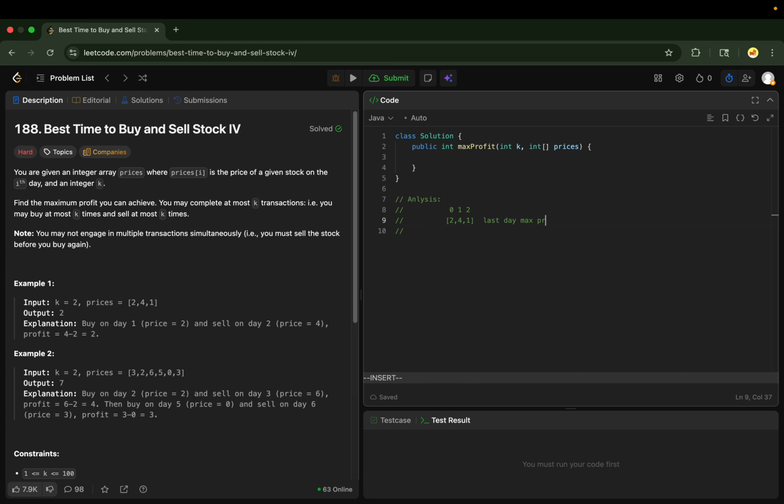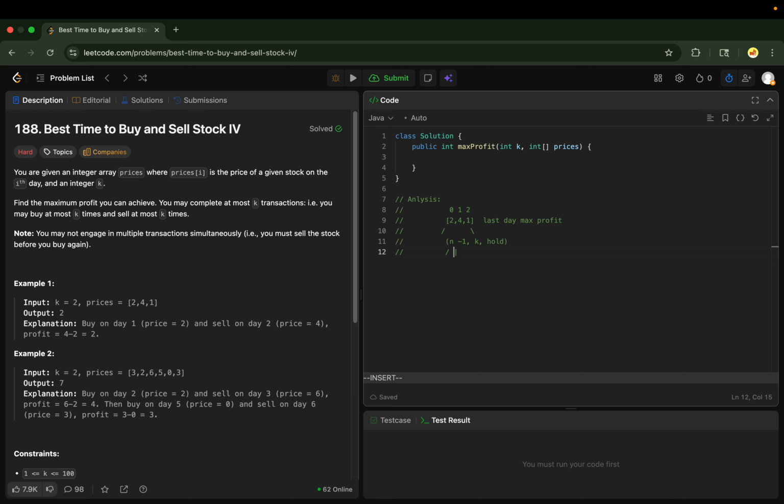It's kind of like a subproblem, so the last day depends on the previous day. We start from the last day, but now we have some dependence on k, and also we need to check hold.